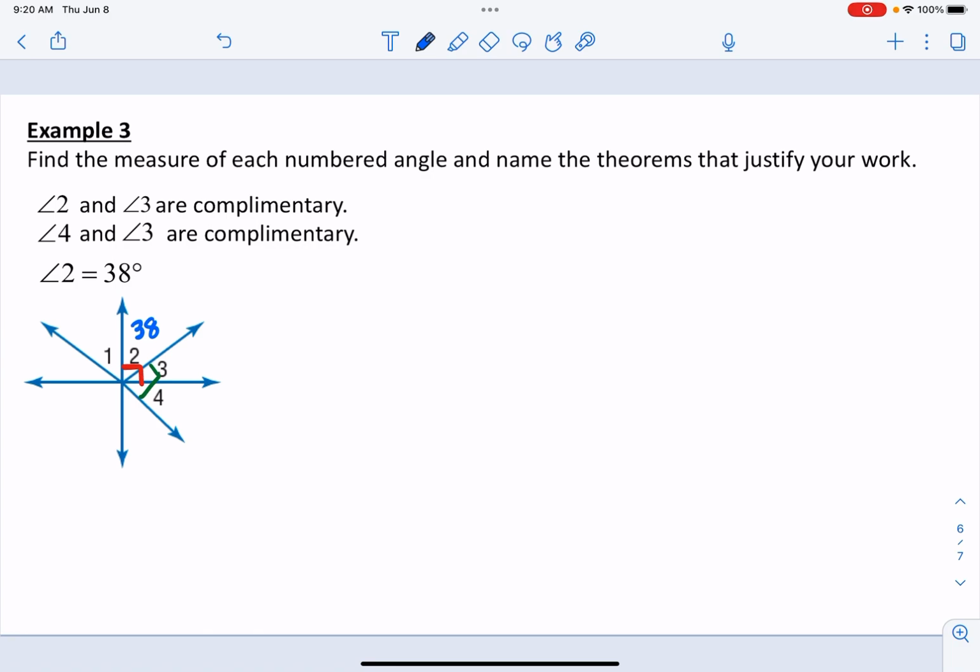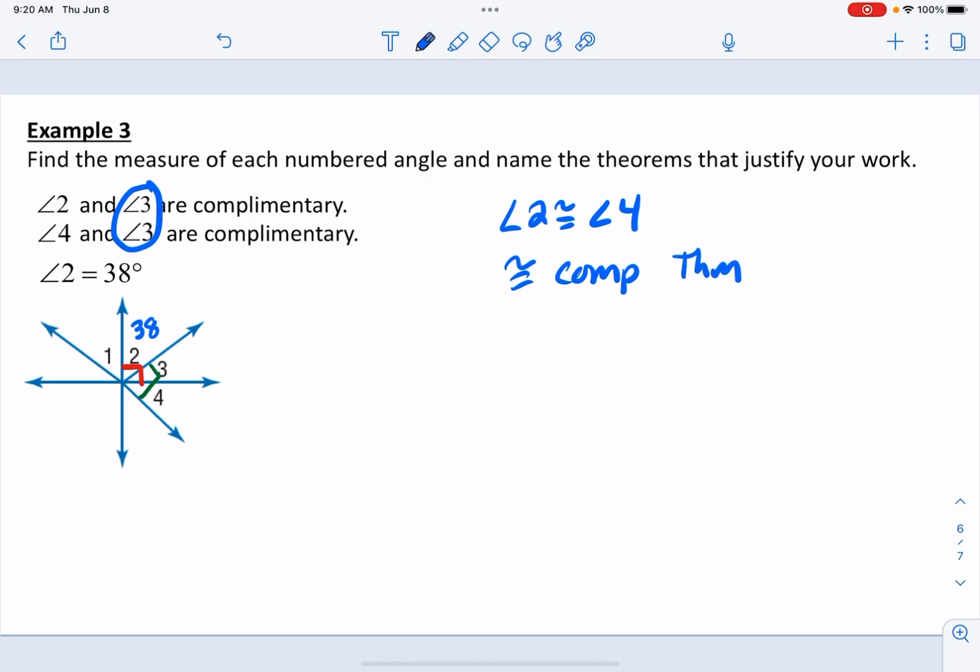Okay, so since 2 and 4 are complements of the same angle, therefore I know that angle 2 is congruent to angle 4 by our congruent complements theorem.